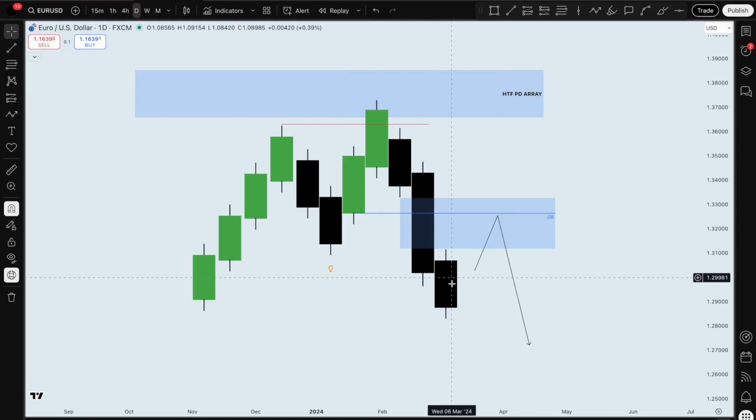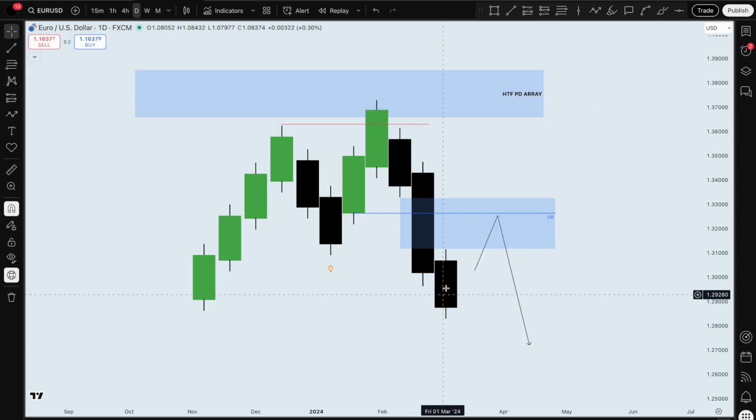After that, you want to see price create a market structure shift, and the order block is going to be, in this instance, the two bullish candles here that ran into the high time frame PD array, and so that is going to be your order block. So from here to here, this is your whole order block.